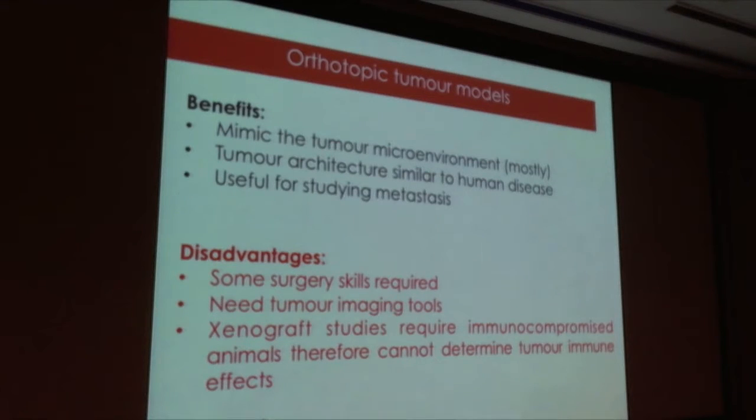You do need imaging tools, like I said earlier, and because you can't see the tumour, you do have to monitor the animals carefully. And the xenograft studies do require immunocompromised mice, so it's hard to determine the immune effects from that model. But, generally, one model will not address all the questions you're trying to ask.